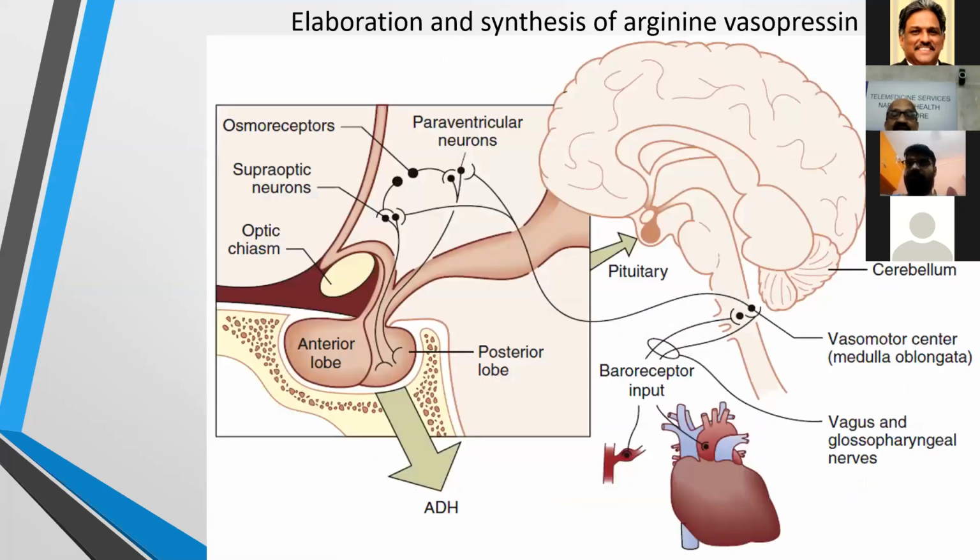The second mechanism, responsible for osmotic control, is the elaboration of arginine vasopressin, AVP, which is elaborated axonally and transported to the posterior pituitary gland from the hypothalamus, and is responsible for water retention and maintenance of the serum osmolality.